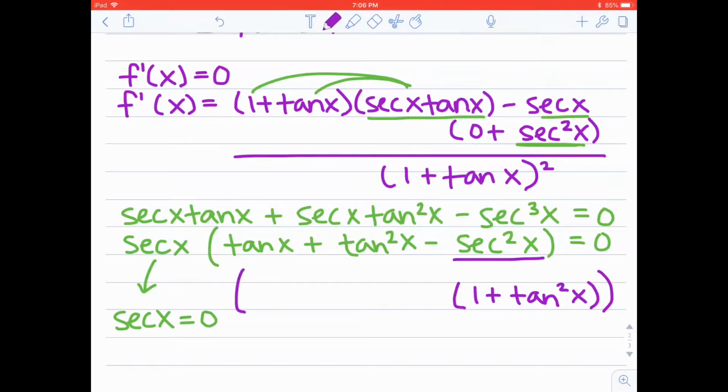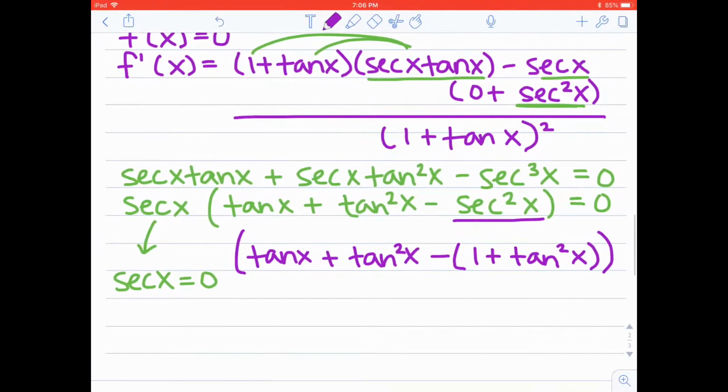So now inside my parentheses I've got tan x plus tan squared x minus 1 plus tan squared. Alright, so if I go ahead and distribute that negative, that gives me negative 1 minus tan squared.